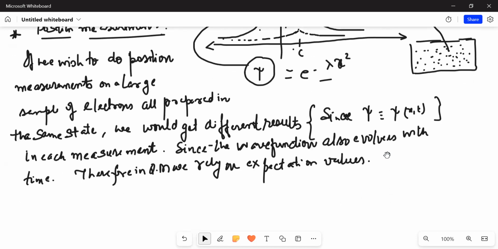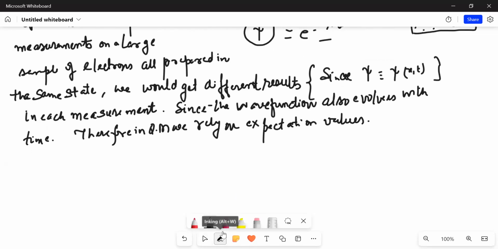We rely on expectation values. Is that clear? I think this is quite clear to you.